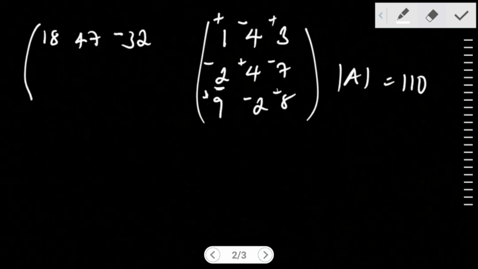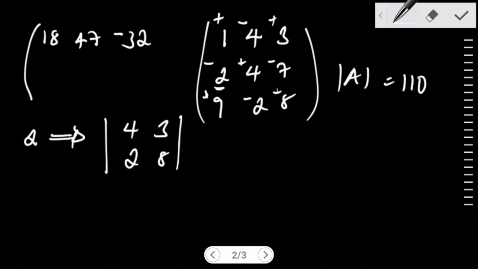Okay, now let's get that of 2. For 2, to get this, we are going to have 4, 3, and 2, 8. So 4, 3, 2, 8. This would be equal to 4 times 8 minus 3 times 2.